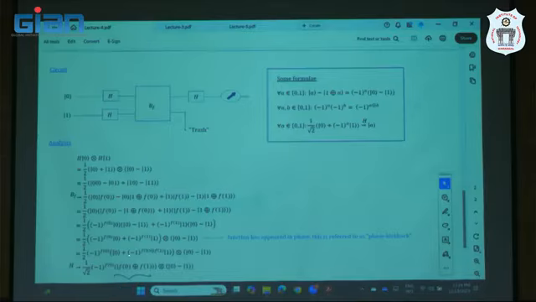But now you can see, look at this value here.